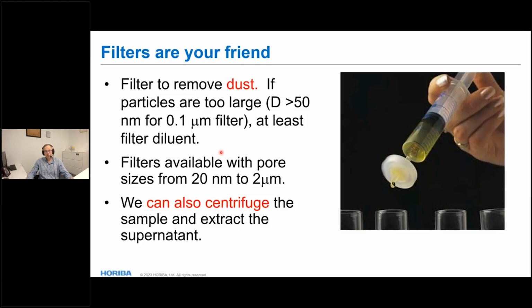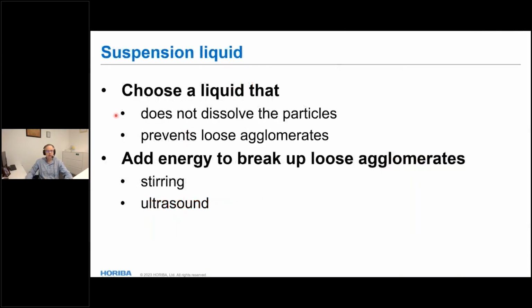A quick caution: if your particle size is expected to be 100 nanometers, you probably don't want to use a 20 nanometer filter or you will have no sample left. You can also occasionally run into cases where particles just like to stick to filter surfaces. Another approach is to centrifuge the sample and extract the supernatant for analysis. Just a short time in a centrifuge gets the largest particles out, and you draw off the small particles in the supernatant. Okay, suspension liquids.